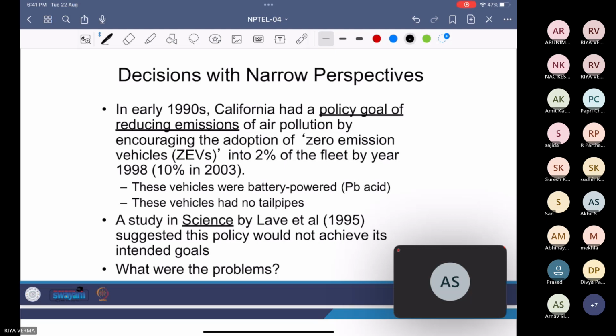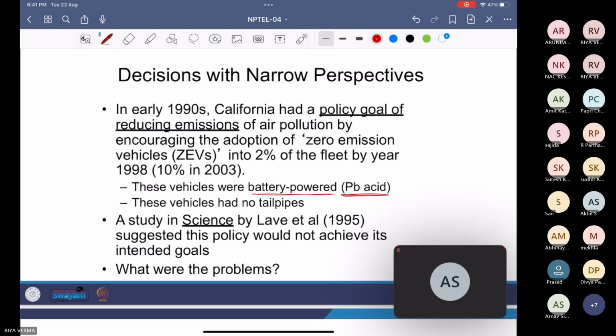The problem was that these vehicles were battery powered and the battery was lead acid.